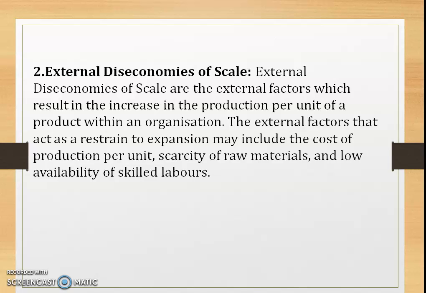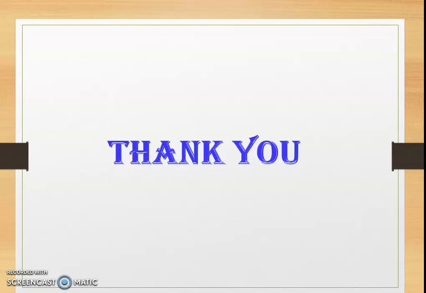The external factors that act as a restraint to expansion may include the cost of production per unit, scarcity of raw materials, low availability of skilled laborers, and pollution. These are the external diseconomies of scale. That is, waste disposal, which may affect the cost per unit of the product.